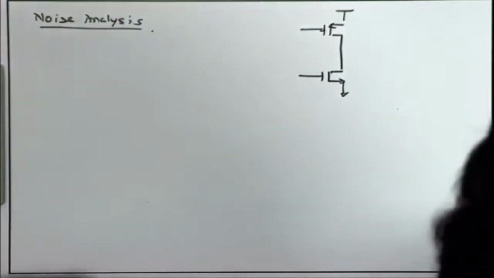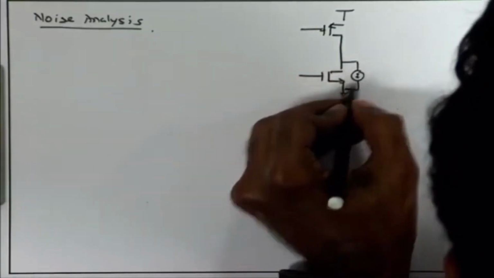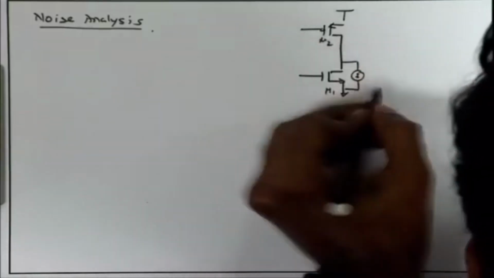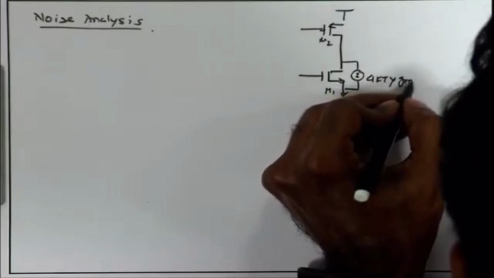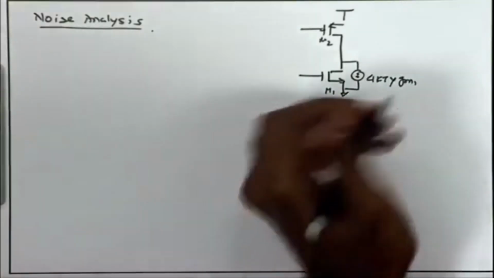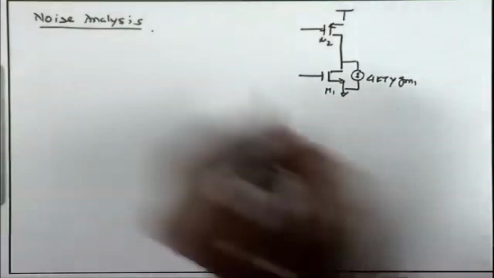What we have seen yesterday, the noise sources, you have the channel current noise, call this M1, call this M2, this is 4 kT gamma GM1. Now, gamma can also be different definitely. So, we can call it gamma 1 GM1, it does not matter, this is a constant quantity.